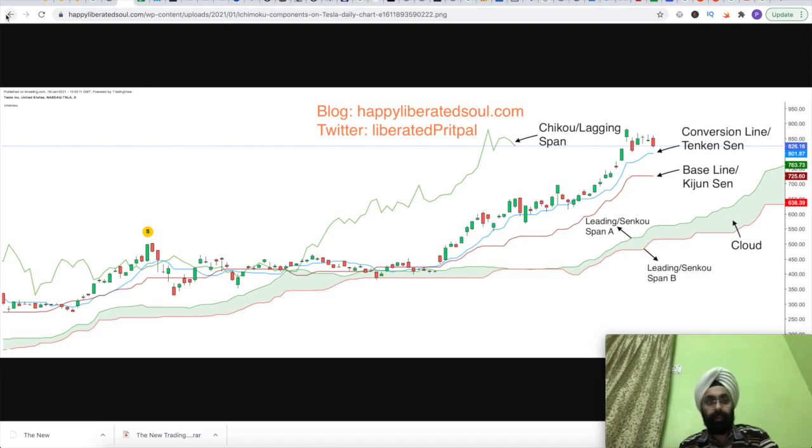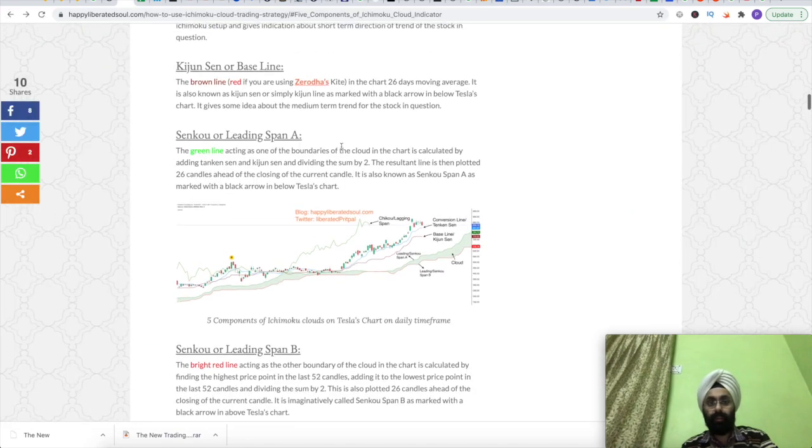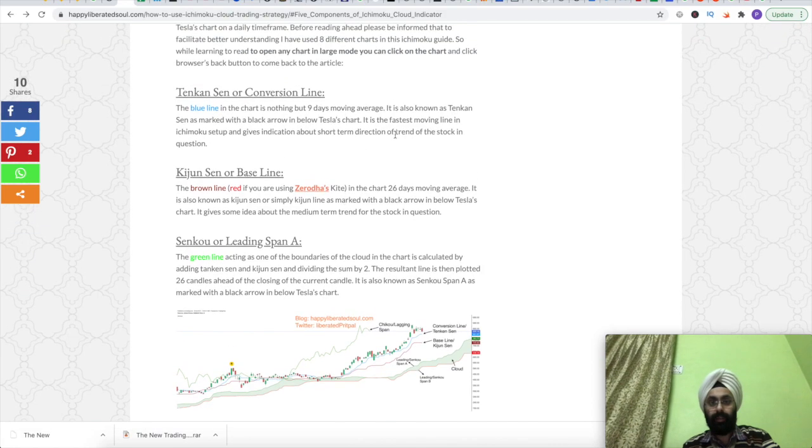It is the fastest moving average among the components of Ichimoku, so it gives us the indication about the short-term direction of the stock.